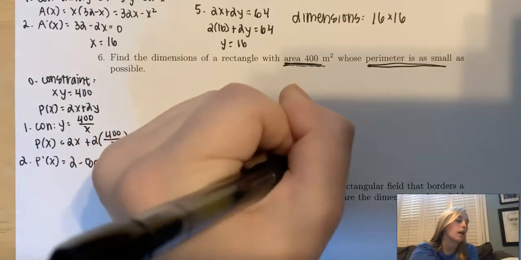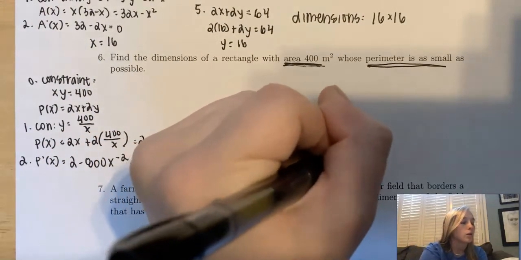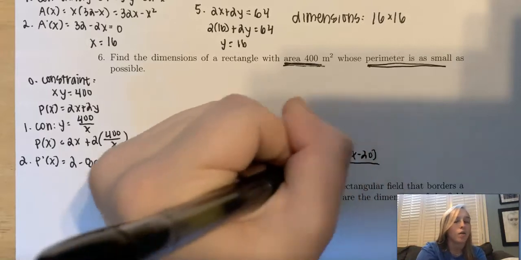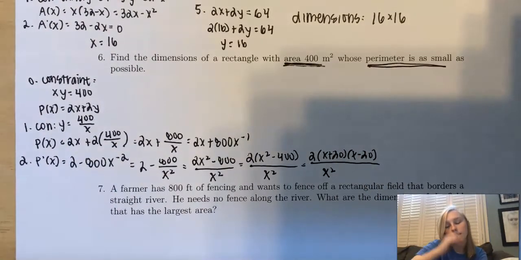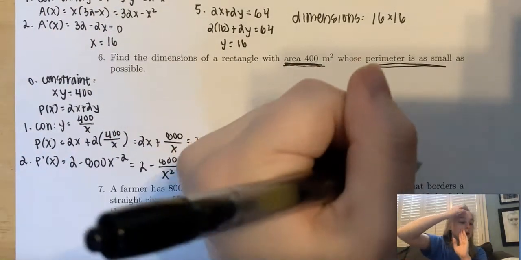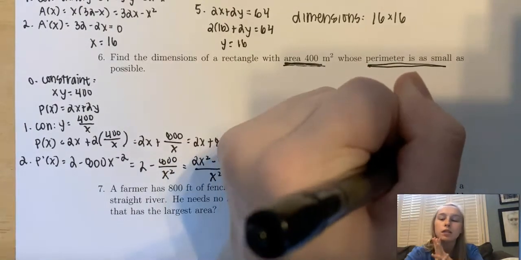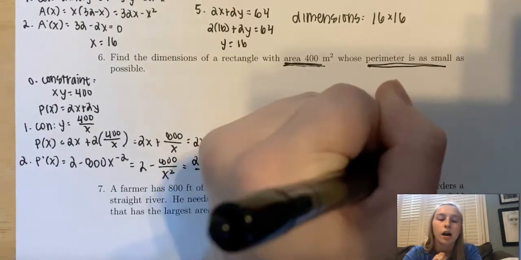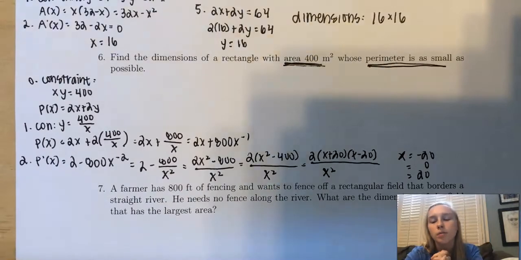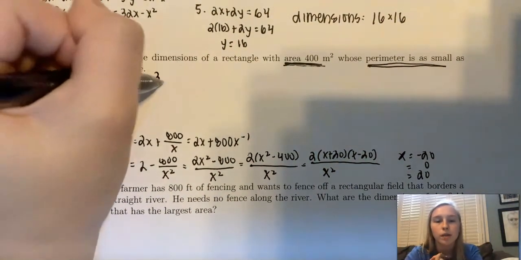And so you end up getting 2 times x plus 20 times x minus 20 over x squared, which is easy to find the zeros of, and the zeros end up being negative 20, 0, and 20. Also, once again, trying to remember to write equals 0. I'm sorry I do such a poor job of that throughout the video.